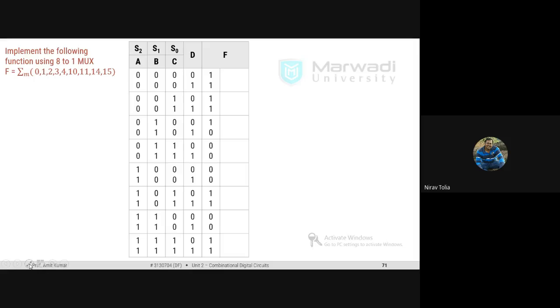Now what we are doing is dividing this into groups of 2, to make it 8 out of 16. And you can see this is our function.